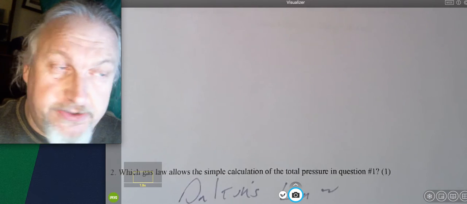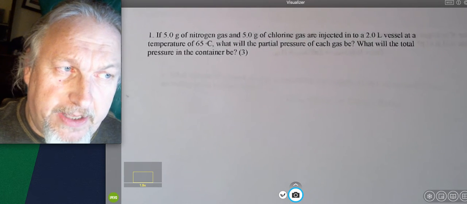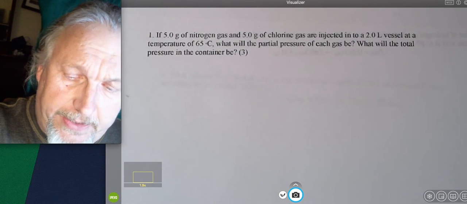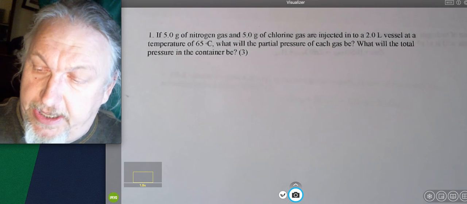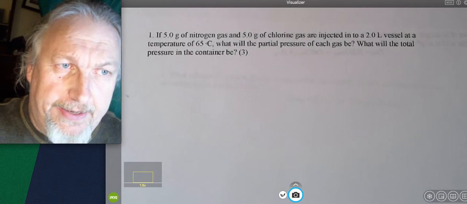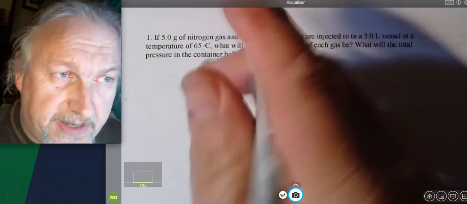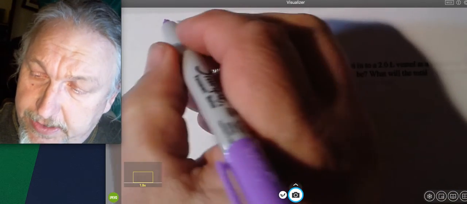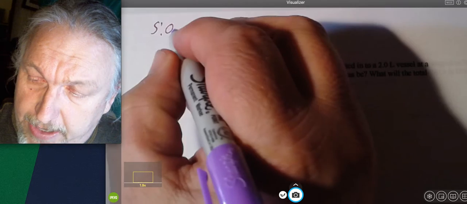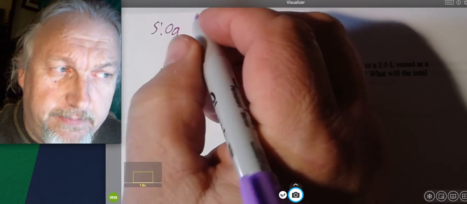So we're going to go up here and calculate the pressure of the nitrogen gas. Let's see what we've got here. I've got 5 grams of nitrogen gas, and I don't need grams, I need moles.